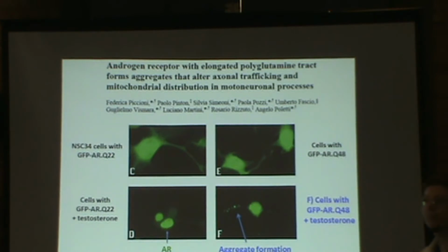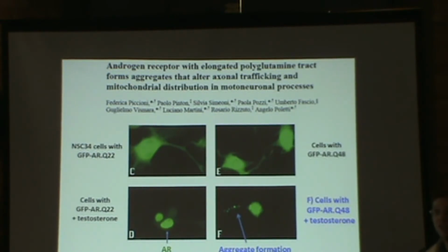There's a language in biology in which amino acids each have a different one-letter code. It happens that the code for glutamine is Q. The G was already taken by glycine, so they had to give glutamine a Q. So an androgen receptor with 22Q is about normal, whereas one, in this case shown with 48Q, is abnormally long. And that's what patients with Kennedy's disease have.